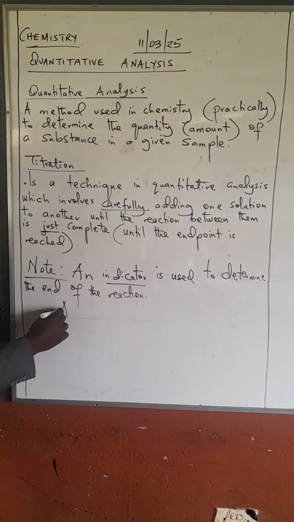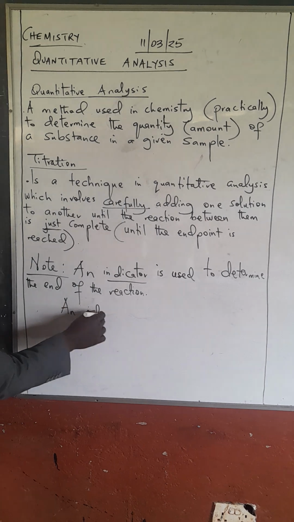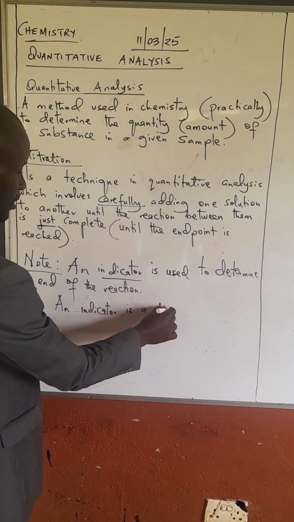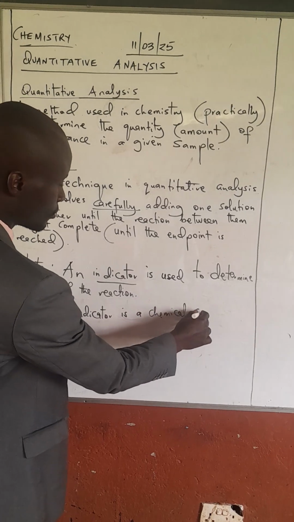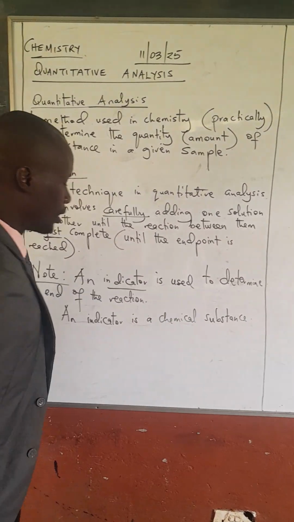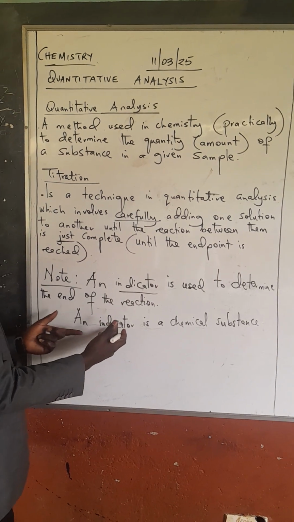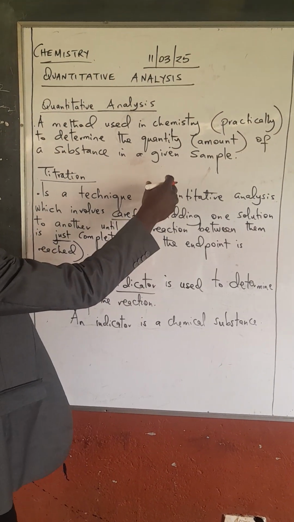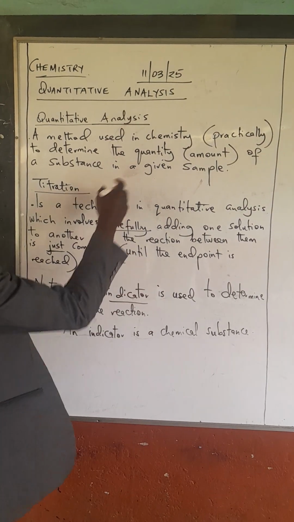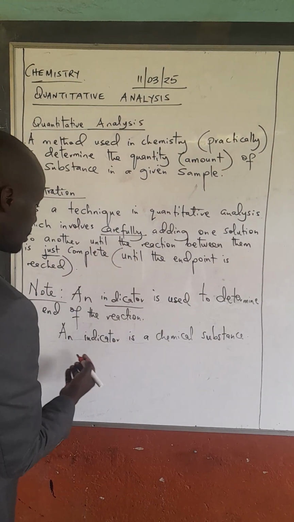So what is an indicator? It is a chemical substance. So I'm defining an indicator based on this context. An indicator can have various definitions, but in this context, we are going to define it this way.